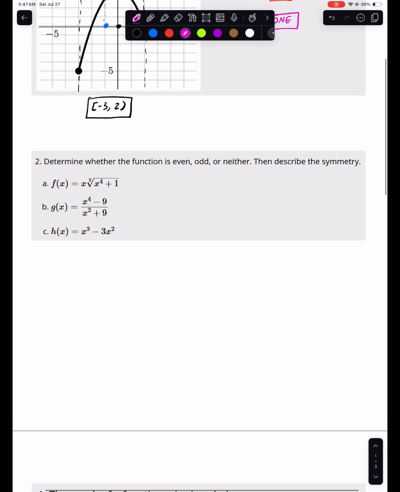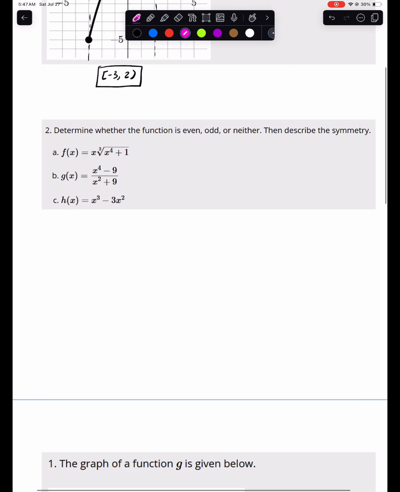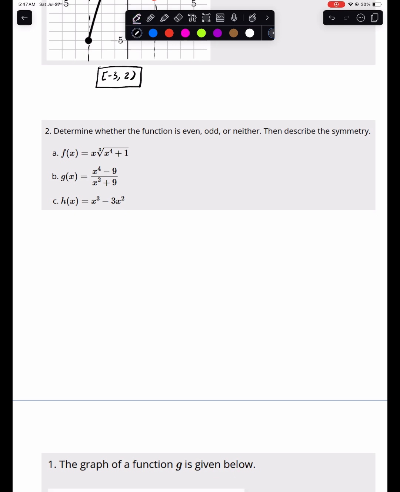Okay, so question 2 is asking whether the function is even, odd, or neither. So as a recap, let me highlight this. An even function, right? Even is defined where f of -x equals f of x.